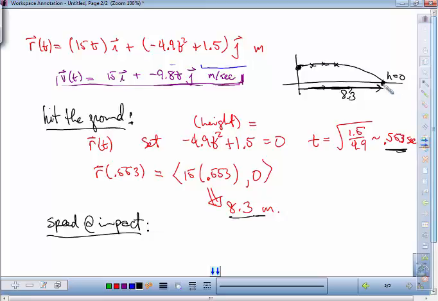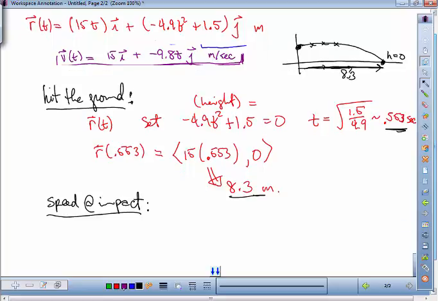The t that we found is when it hits the ground, so that's the impact. What are we going to do with that? Well, we put it in the velocity equation. Let's see what happens when we put it in the velocity equation.